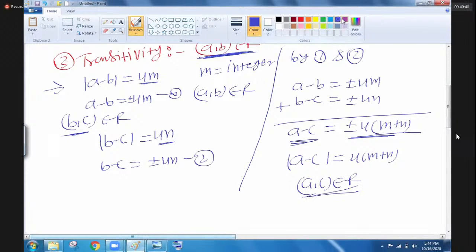So I have proved that if (a, b) is part of my relation, and (b, c) is also part of my relation, then it must happen that (a, c) will also be part of my relation. Hence transitivity is justified.